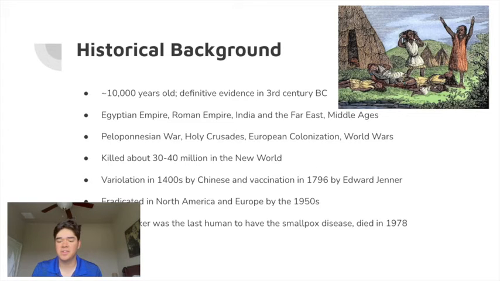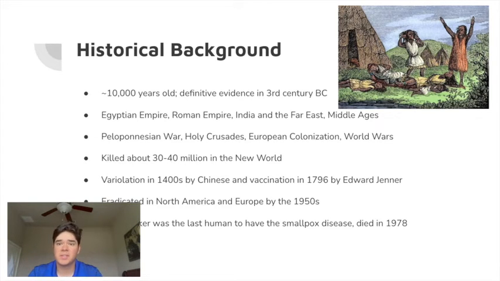And then we have the development of the vaccine in 1796 by Edward Jenner. And then once we get to the 1950s, it will be completely eradicated in North America and Europe. And then the last known person to ever have smallpox was Janet Parker, and she died in 1978.